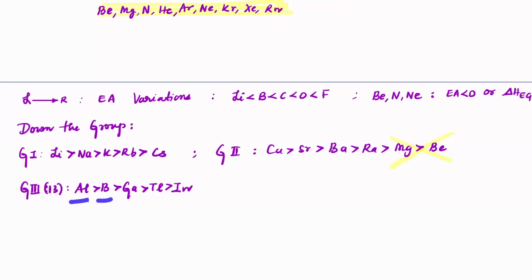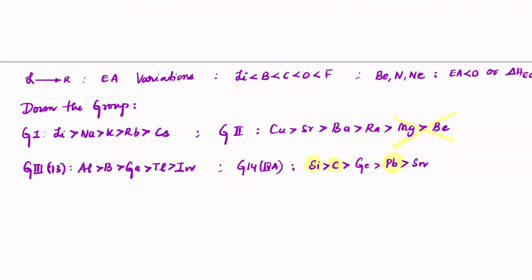So after aluminium, we come across boron, gallium, thallium, indium. Okay. Next is group 14 or 4A. So in the case of group 4A, silicon is greater than carbon, is greater than germanium, lead, and tin. So variation is observed here in the tin case and these two cases. Clear?